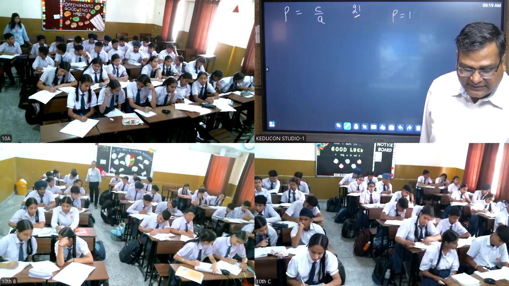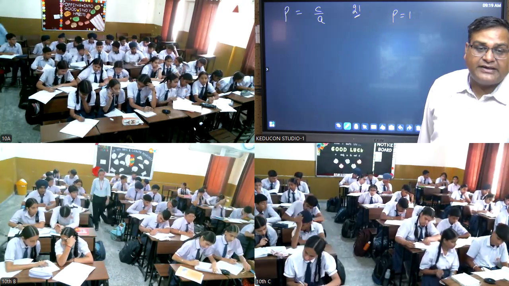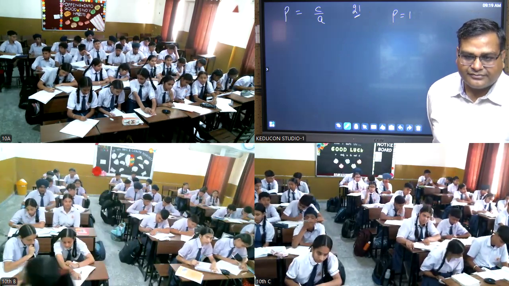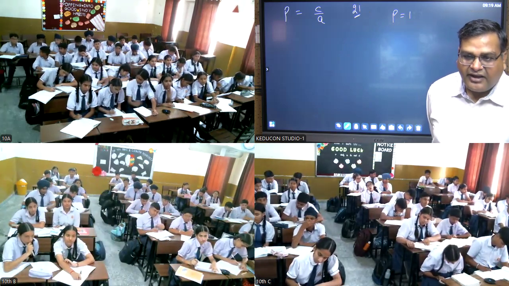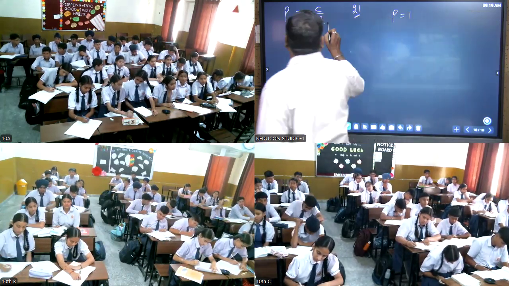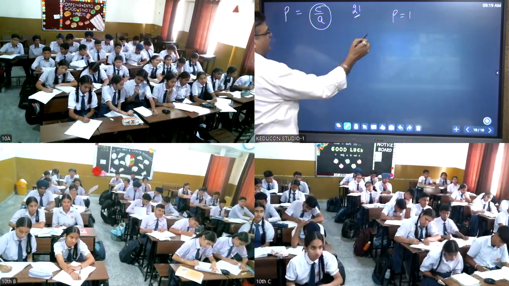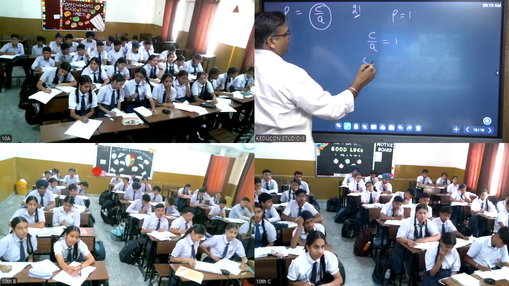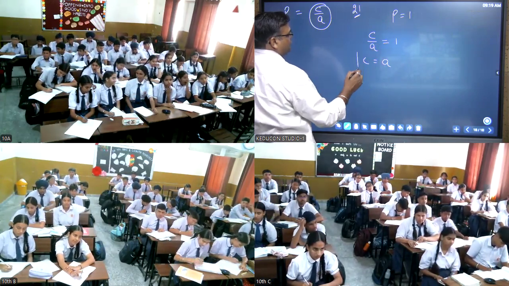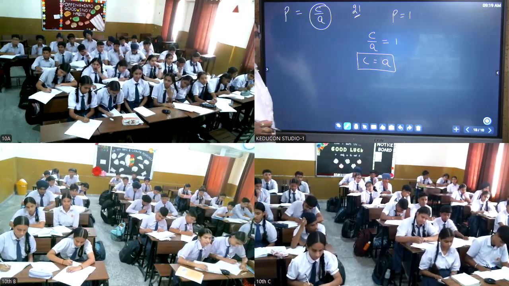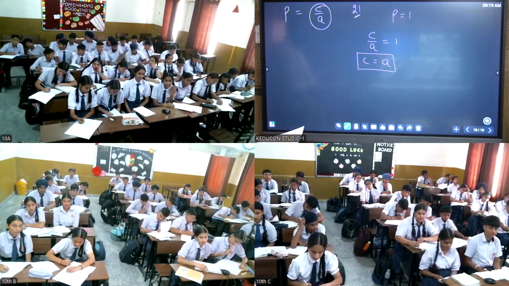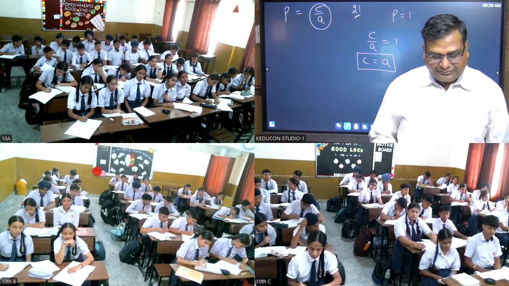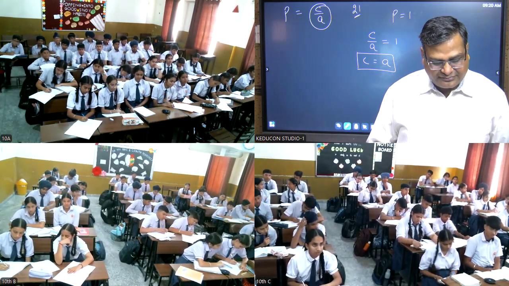So we have to find the relation between A and C. Product is equal to C upon A. That means C upon A is equal to 1. First multiply, so C is equal to A. Is this clear, students? Yes. Next question.